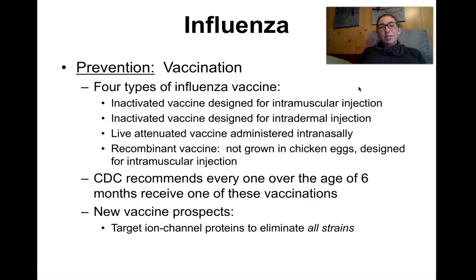So it is important to get the flu shot and try to protect yourself and therefore people around you from the flu. It's an inactivated vaccine, by the way, so it's killed virus. There was a live attenuated vaccine, FluMist, that they would squirt up your nose, which was thought to be more effective because the virus actually would replicate and you actually kind of got some flu-like symptoms a little bit.